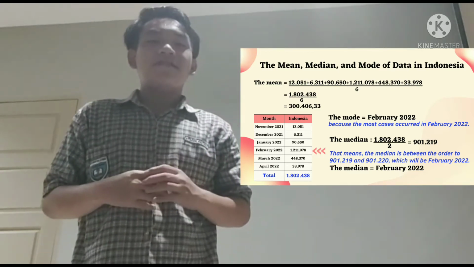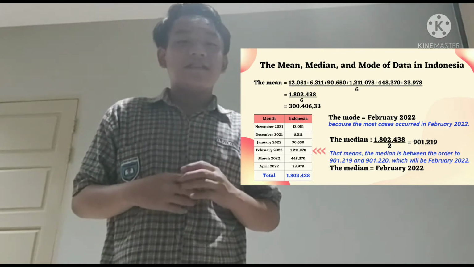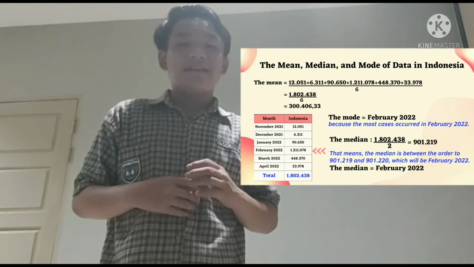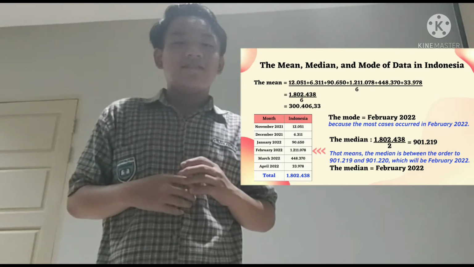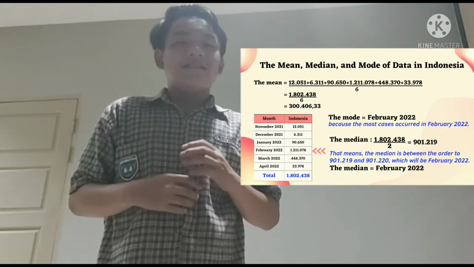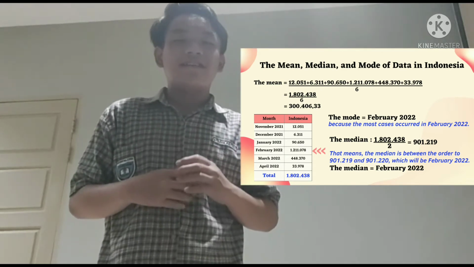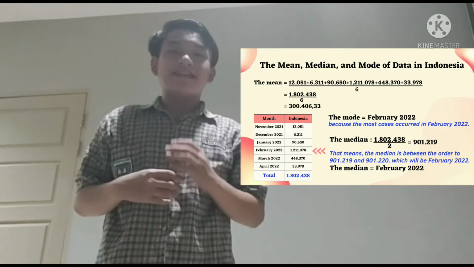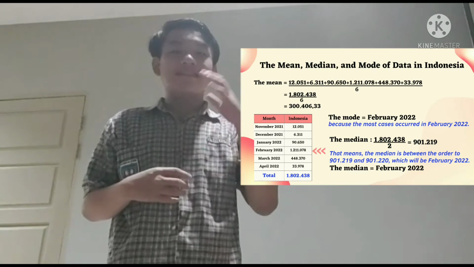Next, we have to divide it by how many data we have. 1,802,438 divided by 6 equals 300,406.33. The mean for data A is 300,406.33.